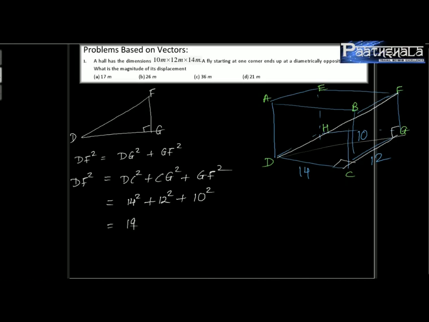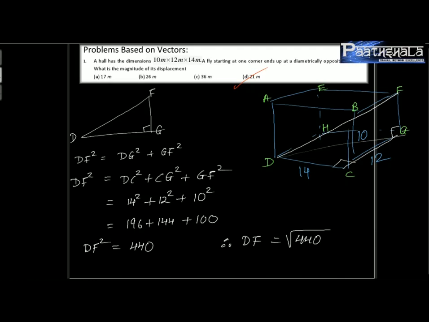So that gives me 196 plus 144 plus 100, which amounts to a total of 440. DF square is equal to 440. Therefore, DF is equal to under root 440, and as we all know, under root 441 is 21. So the answer is terribly close to 21 and very far away from any of the other options given. So we shall mark 21 as the correct answer.